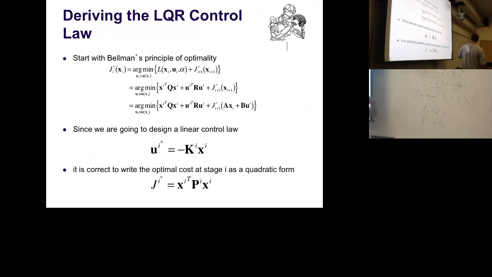Why? Well, remember what we're doing is this kind of optimization problem, and we can start at the end. So here's the kind of goal state. And then we go one state backward.